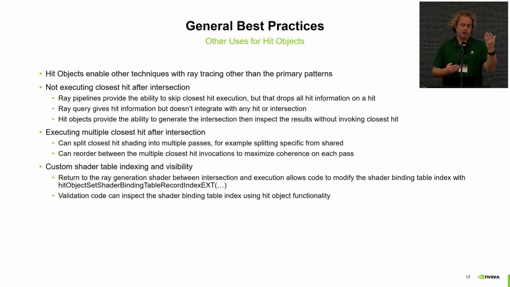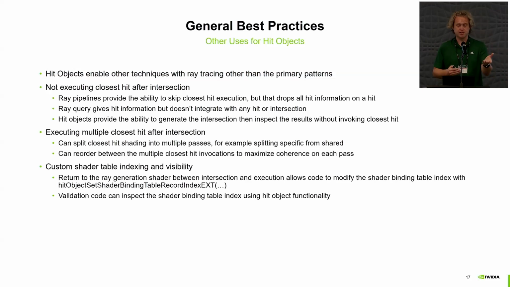So, for example, you can not execute closest hit after intersection. You can do this today with the skip flag, but that doesn't provide all the same hit information that you would get. So this is a way to do a hit, not run a shader, and get the hit information in a way that also integrates with any hit and intersection shader.